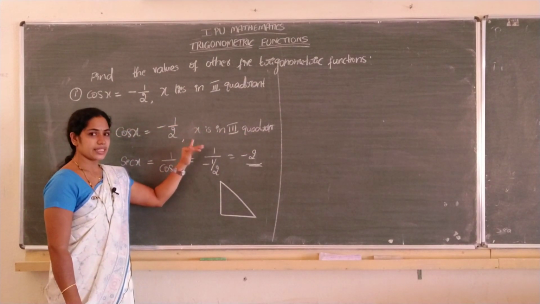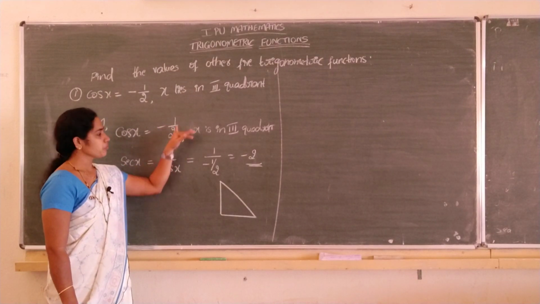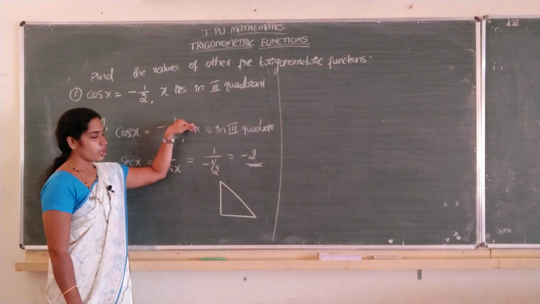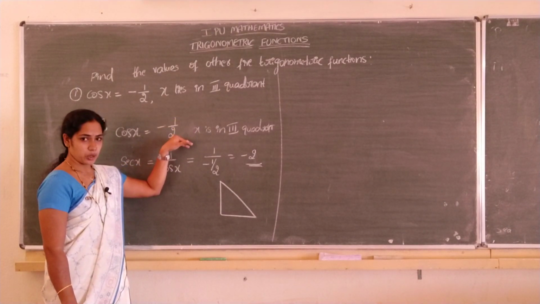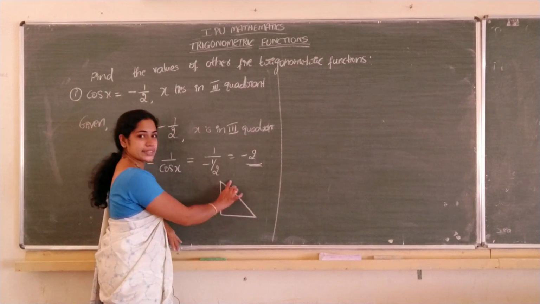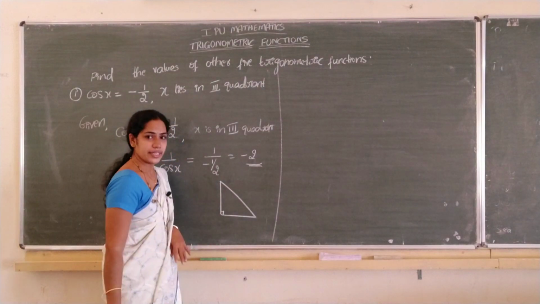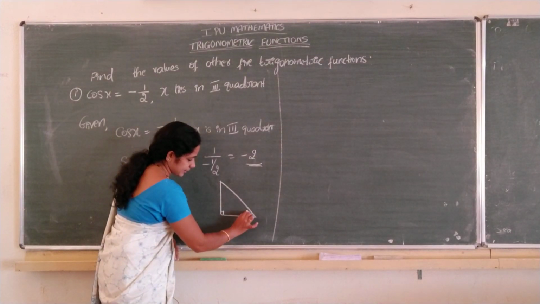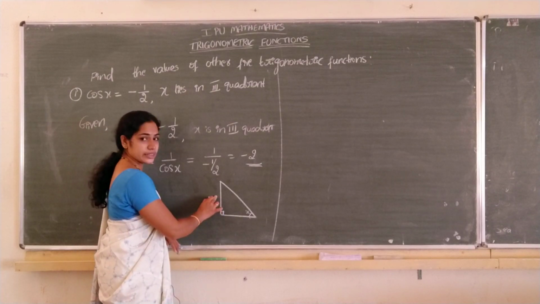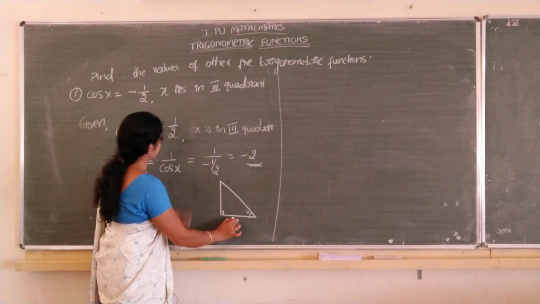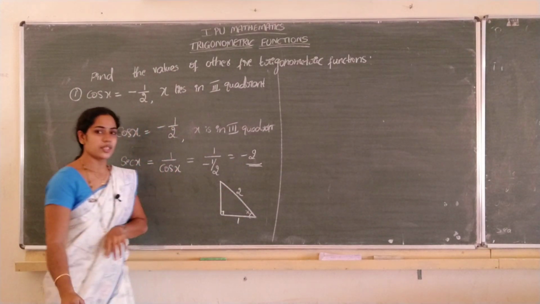The sign tells which quadrant, plus or minus, then this value here cos x is adjacent by hypotenuse. In this triangle, we know here it is 90 degree, and let us take x here, which is opposite. This is opposite, this is adjacent. Adjacent is 1, hypotenuse value is 2.